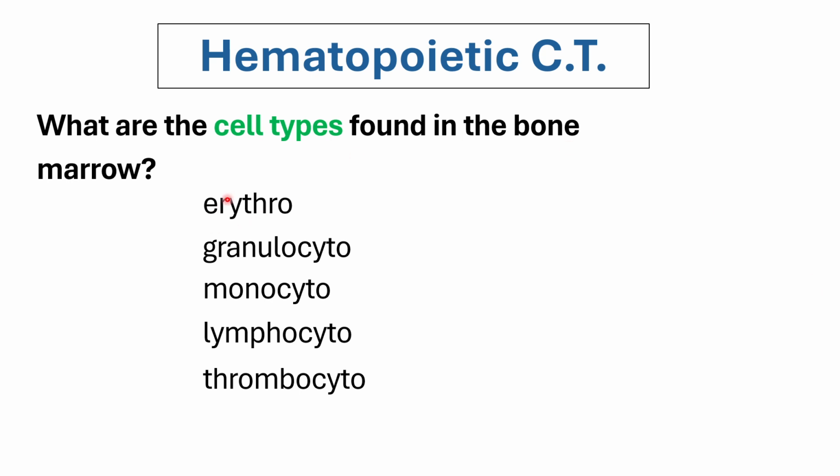Here you would see the different scientific names which correspond to the process of making your RBCs: erythro for that, granulo for the creation of granulocytes, the type of white blood cells which would be your neutrophil, eosinophil, and basophil, monocyto for the monocytes, lymphocyto for the lymphocytes, thrombocyto for the thrombocytes or platelets. Okay? So all of these, if you add poiesis at the end, it will pertain to the creation of those specific components of your blood cells.